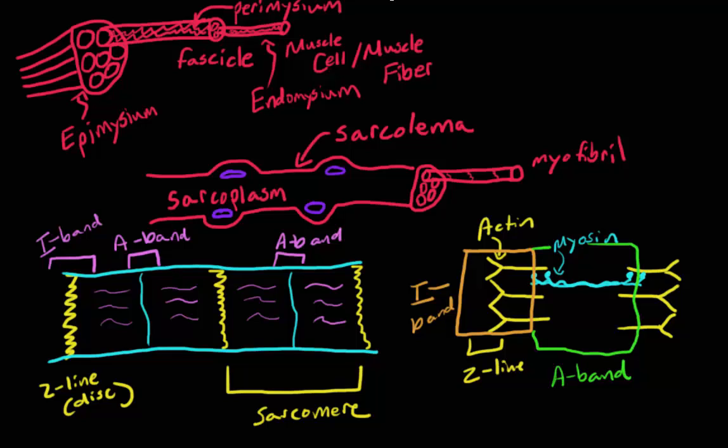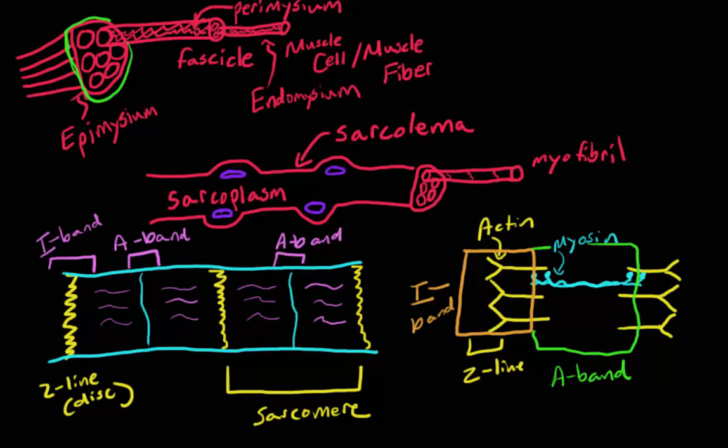Okay, so if we go back here, the very outer layer that we are talking about, call it green, this very outer layer here, this is the epimysium. The next layer, the perimysium, is going to encase all the fascicles. So not just this individual fascicle, but all the fascicles are held together by the perimysium.